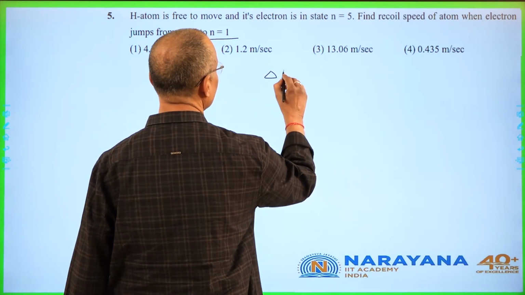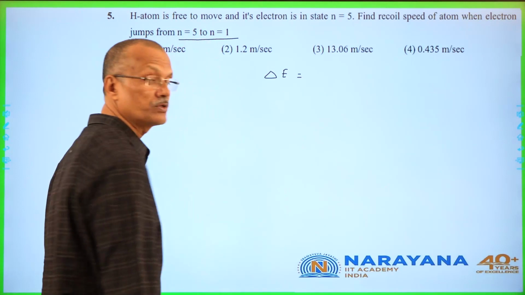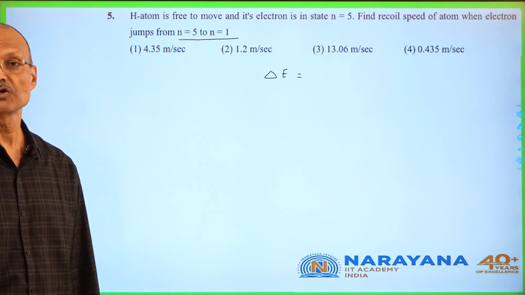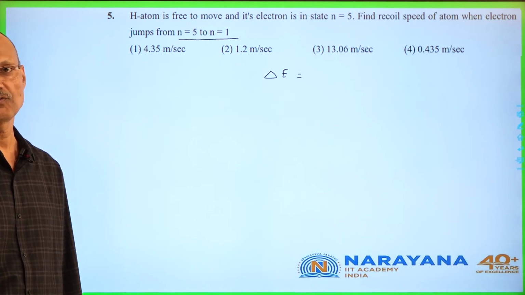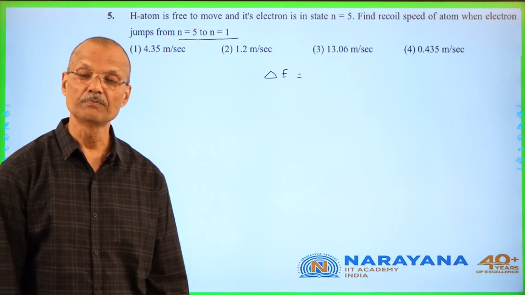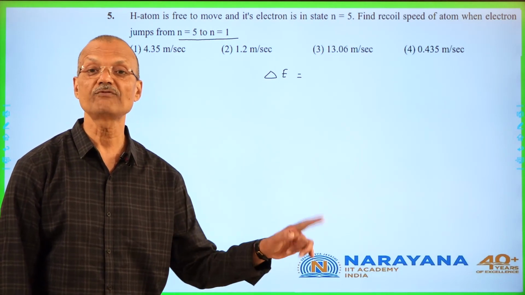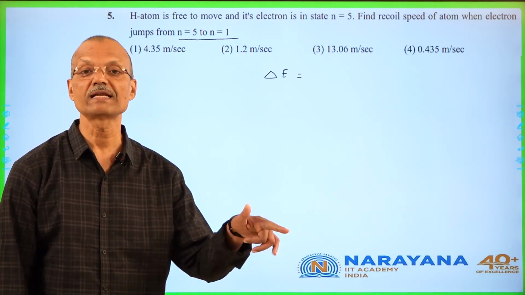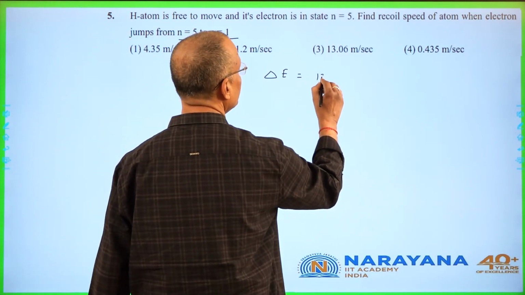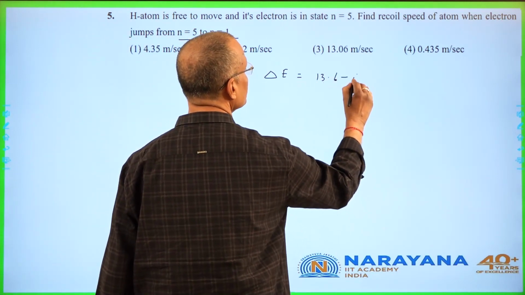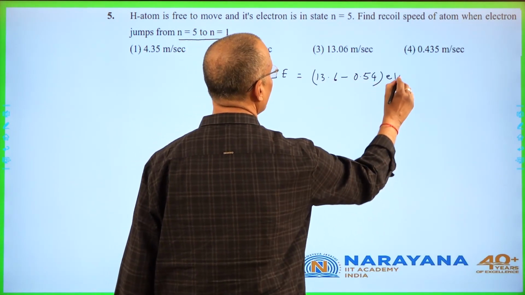So difference of energy will be equal to fifth orbit. The energy of electron you know minus 0.54 electron volt. First orbit minus 13.6 electron volt. Minus 0.54 minus of minus 13.6 means it will become 13.6 minus 0.54 electron volt.